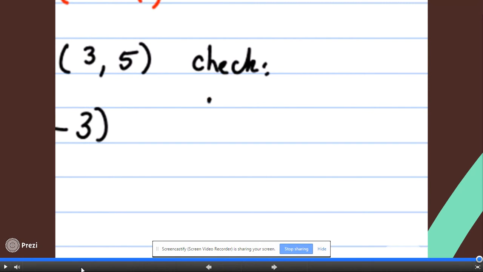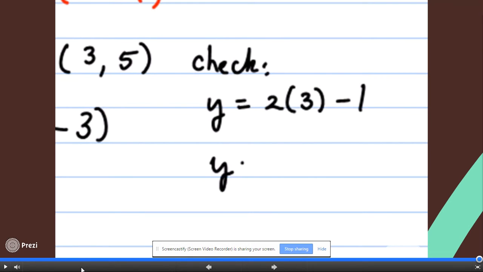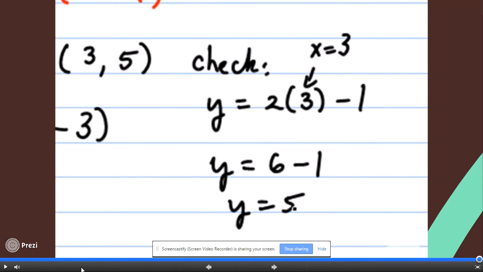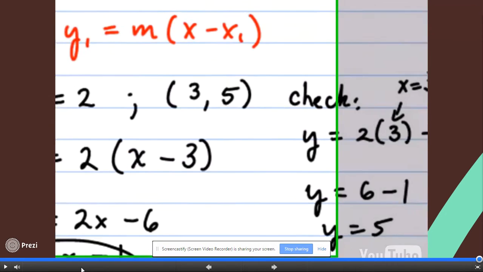So as a check, we could say y equals twice 3 minus 1. Y equals 6 minus 1. Y equals 5. Verifying again that if x is 3, we really do get a value of 5 for y, indicating that the point 3, 5 is on the line. Let's look at another example.